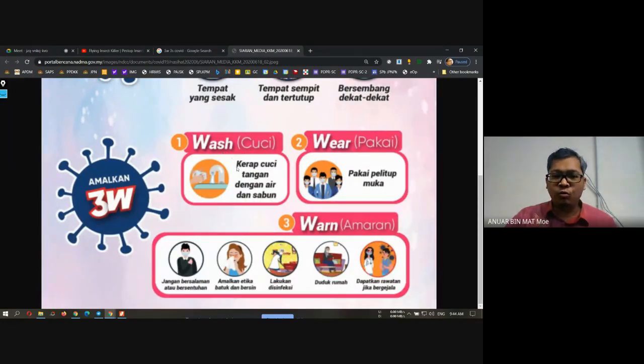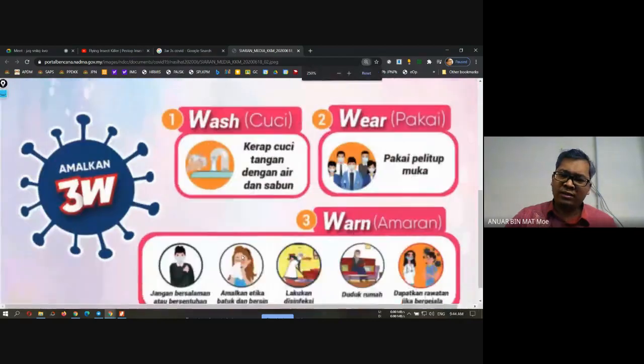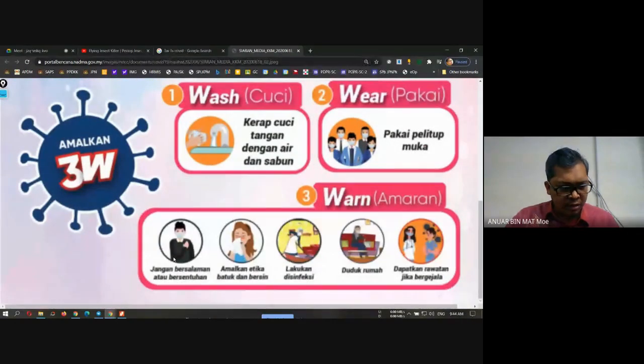We must always wash our hands, and then we must wear the mask, and then we must warn others. For example, for the time being, do not shake hands, and you must practice hygiene when you are coughing or sneezing, and then you do the disinfectant, stay at home, and get the treatment if you have symptoms.